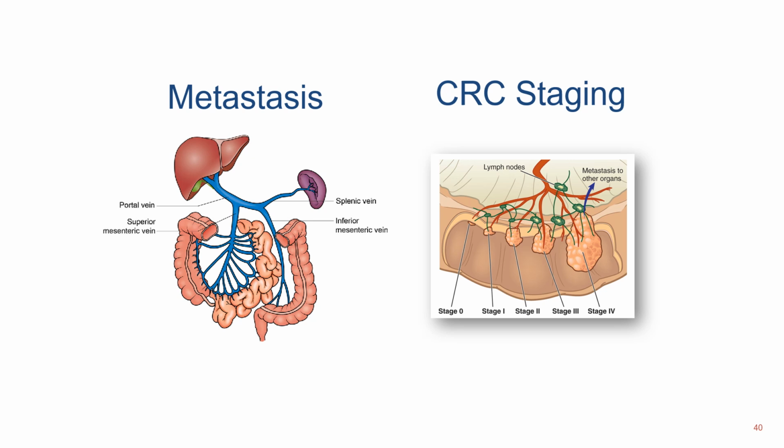When we eat, the nutrients get absorbed through the small intestine, the large intestine, and it goes into these vessels that empty into the liver for processing. So it's very common that metastasis will go to the liver right away because the blood supply there is directly connected to our bowels.